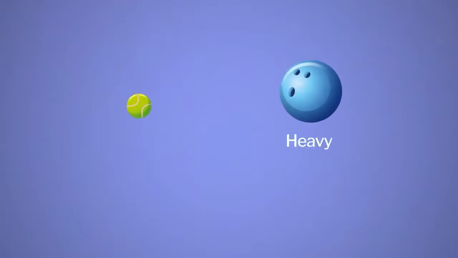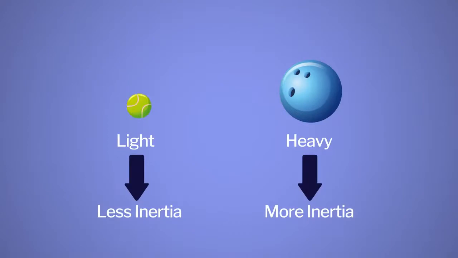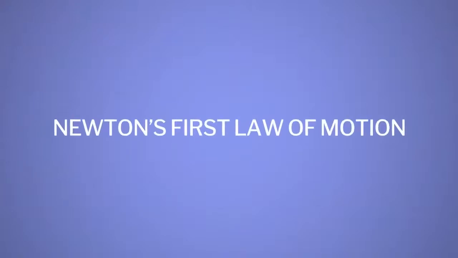We can compare the inertia of these balls only after knowing their masses. A ball which is heavier will have more inertia as compared to a ball that is lighter. Similarly, like in the previous example, the bag of 1 kilogram of cotton and 1 kilogram of onions will have the same inertia.